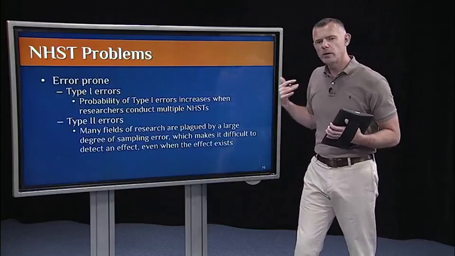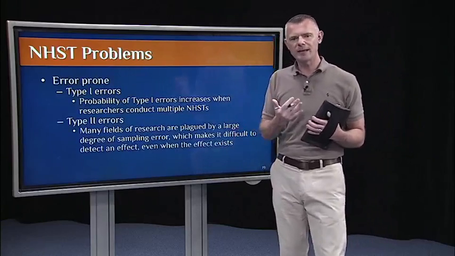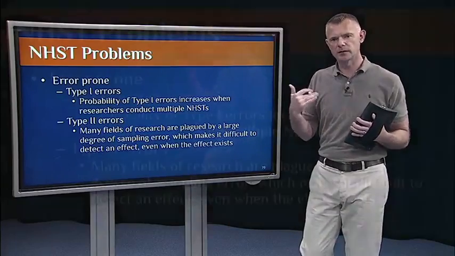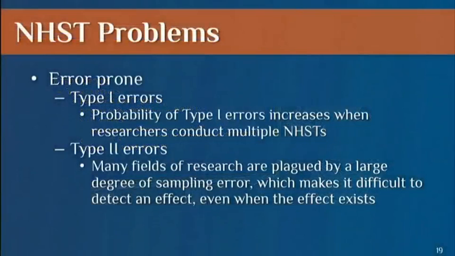The next problem is we know it's error prone, right? From the last segment, we know that there's always a possibility of type 1 errors and type 2 errors. And it's actually worse than I outlined in the last segment. The probability of type 1 errors actually increases and can get really high as researchers conduct multiple tests, especially multiple tests on the same data.